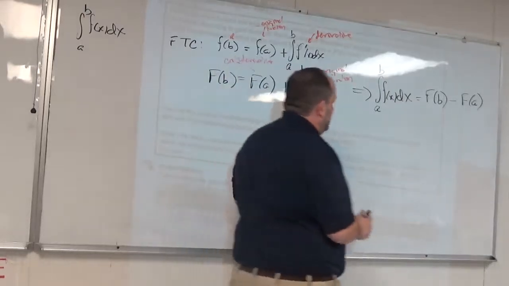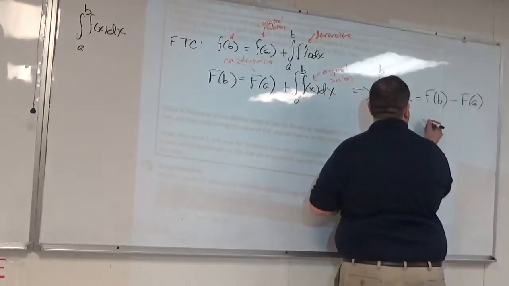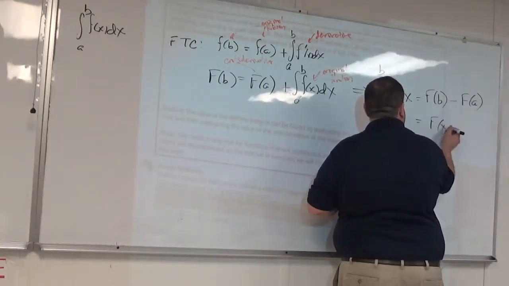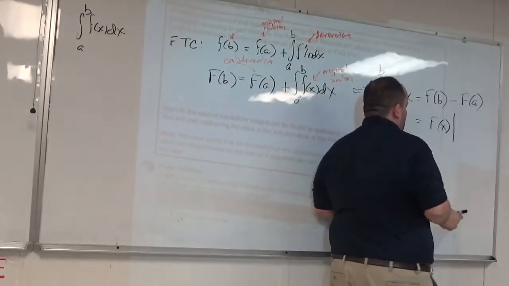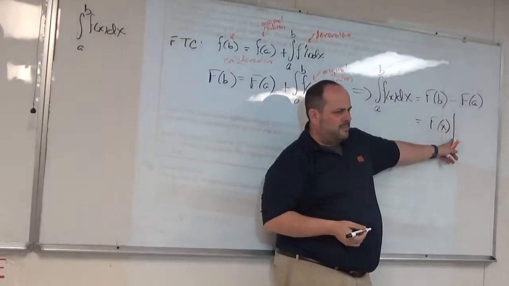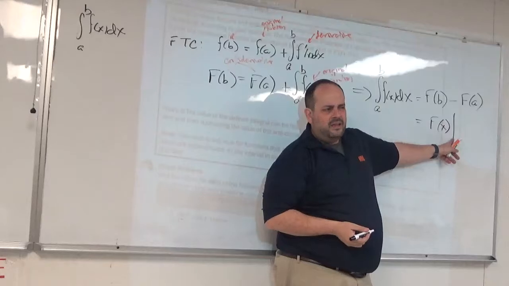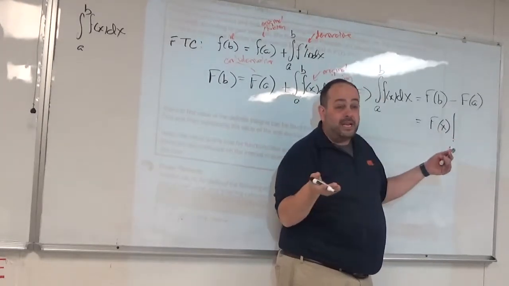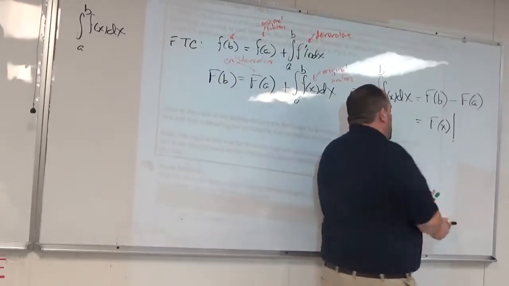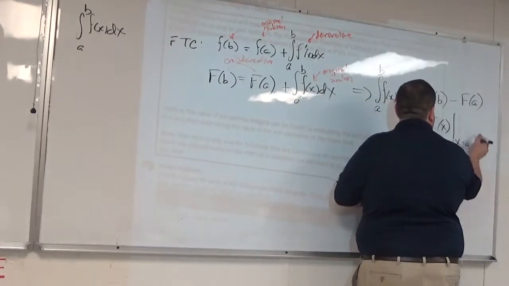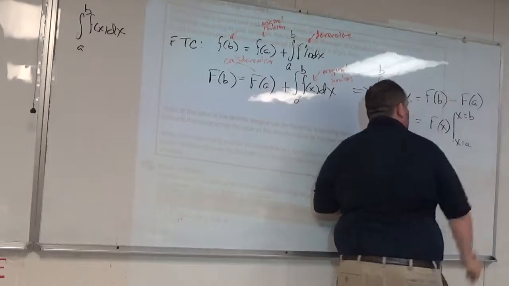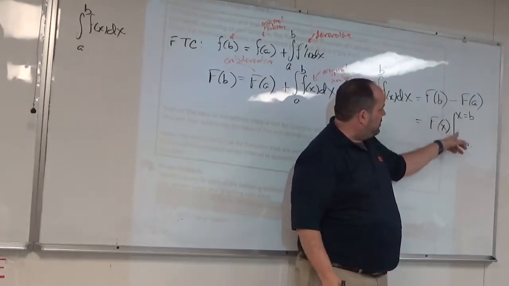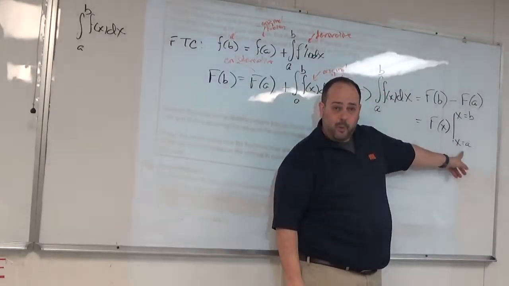Now, a notation that I'm a big fan of: we're going to write this as big F of x, and then that vertical bar. We haven't seen it in a while, but the vertical bar means at, it means evaluate, it means plug in. So I'm going to write it with x equals A and x equals B. We're used to using the vertical bar to say at one little point.